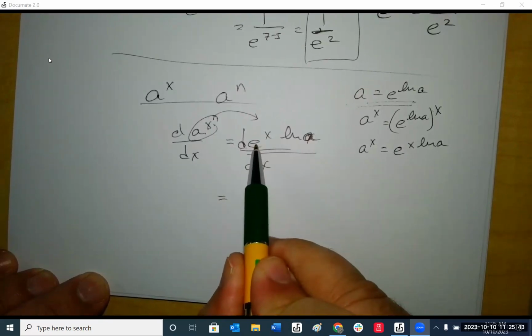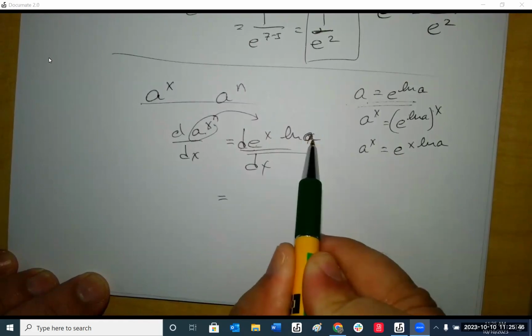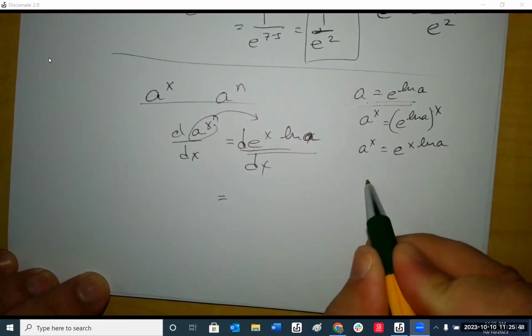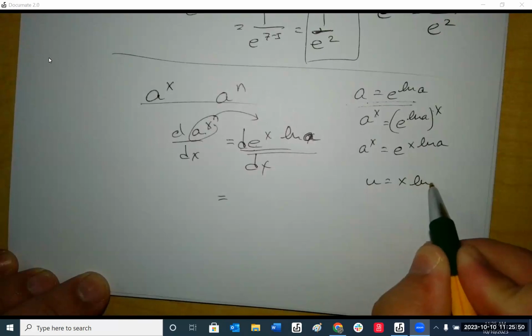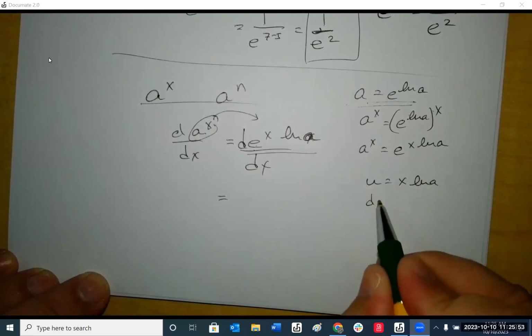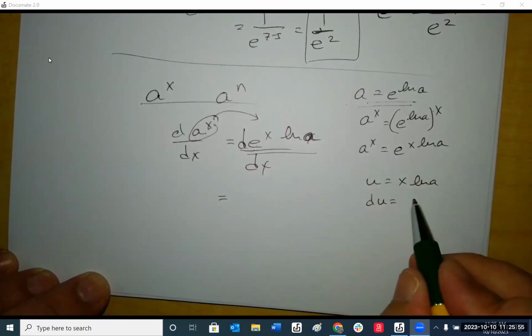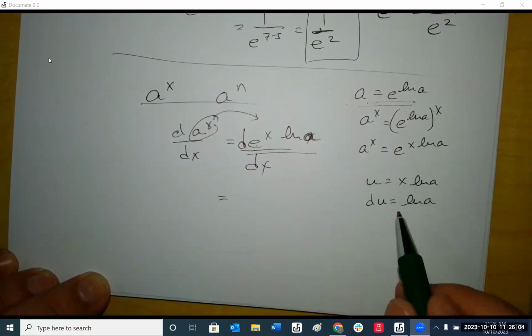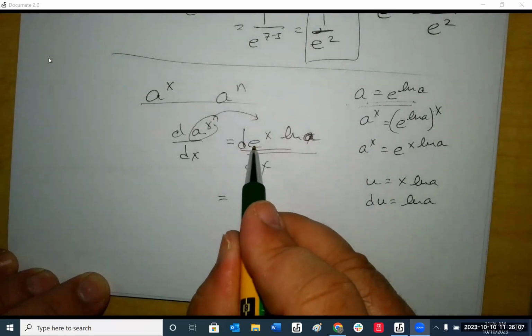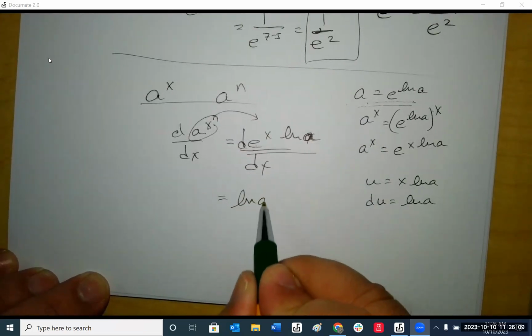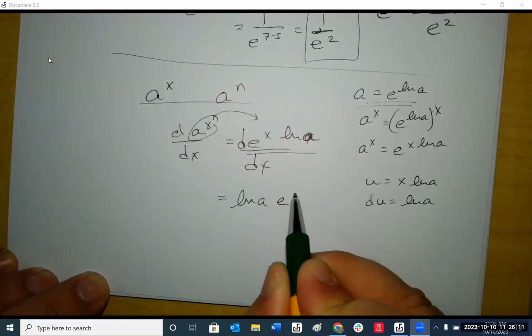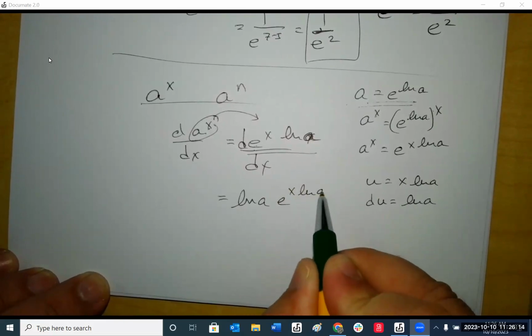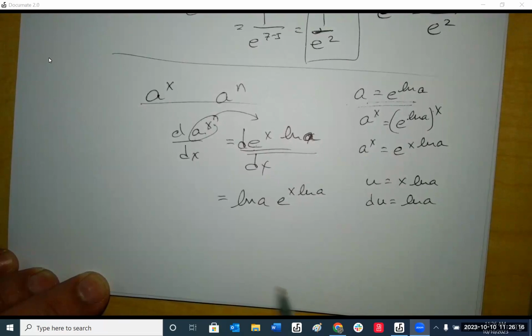So the derivative of e to the power x ln a. So our u is x ln a. So du would be ln a. So the derivative of e to that would be ln a times e to the power x ln a plus c.